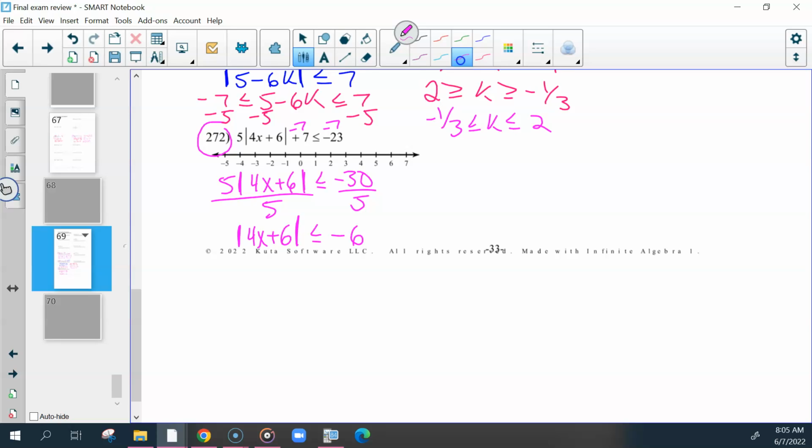Just like we can't solve absolute value equations that have a negative number, we can't do that with inequalities either. So if you end up with something like this where you have a negative, this would be no solution. We wouldn't keep going. Are there any others on this page we want to see or go over?